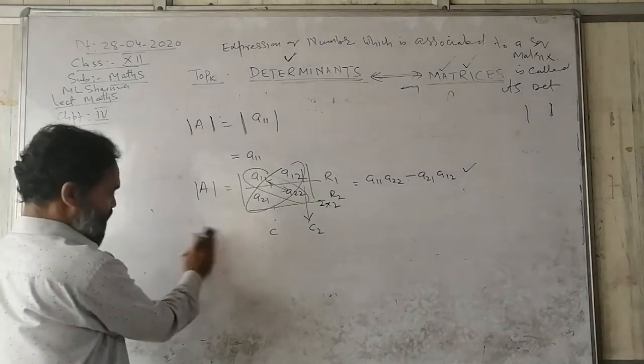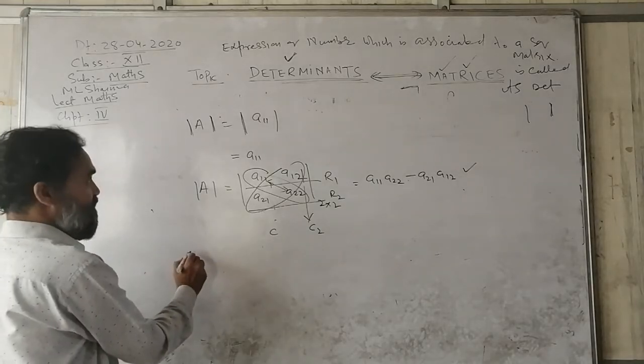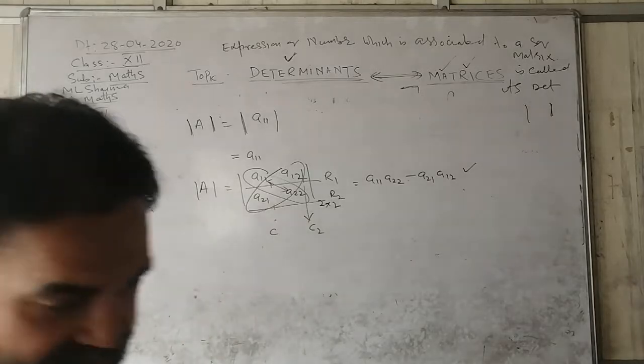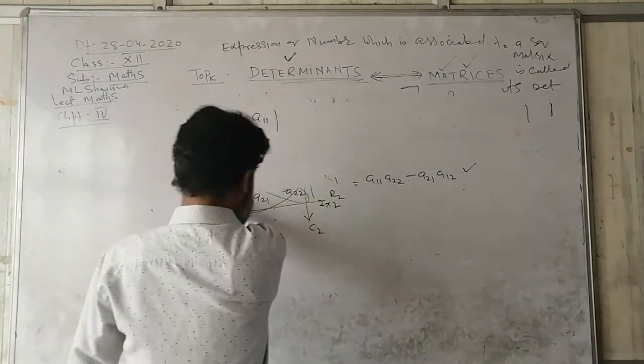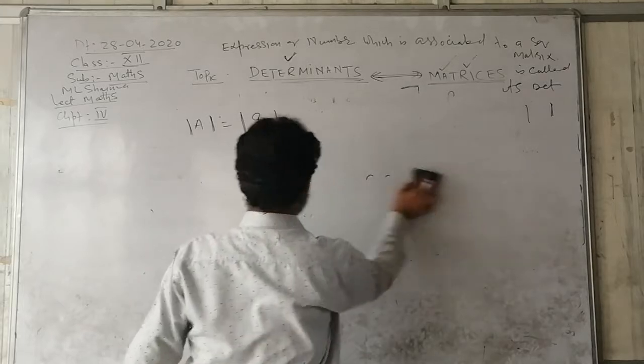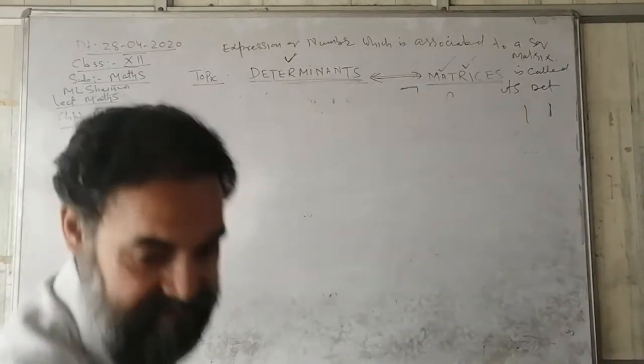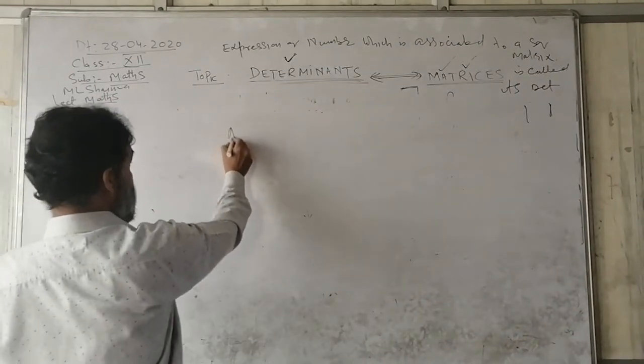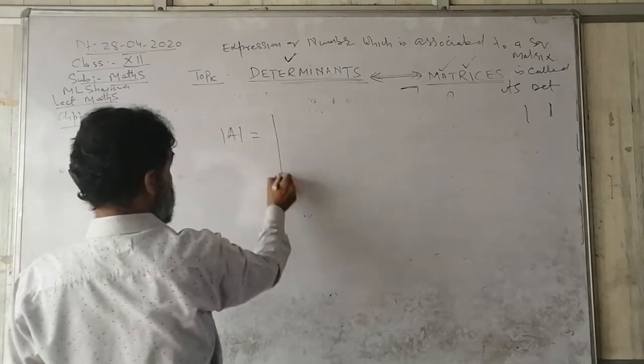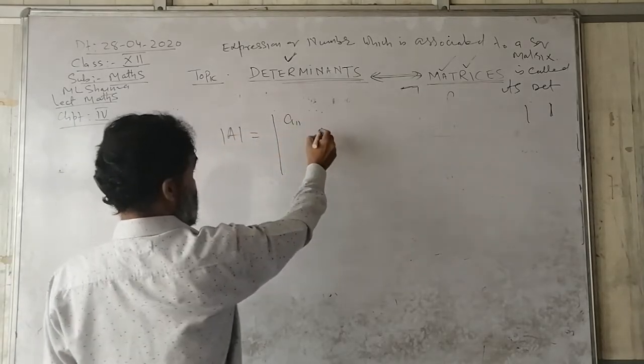Suppose I have to find the value of a determinant which is of 3 by 3 order. For that, I am writing here a determinant which is of order 3 by 3.